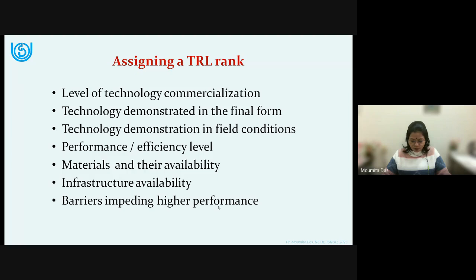Then in the field conditions. One thing is the final form, the final design, with all the elements integrated. The second is the field conditions, meaning the real environment. Have you demonstrated in both cases? Was the performance satisfactory?